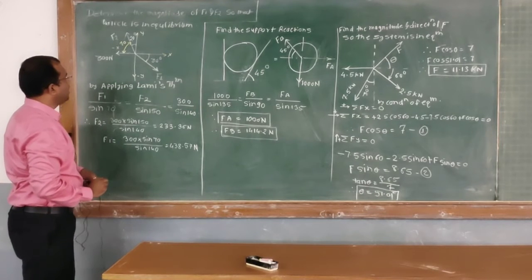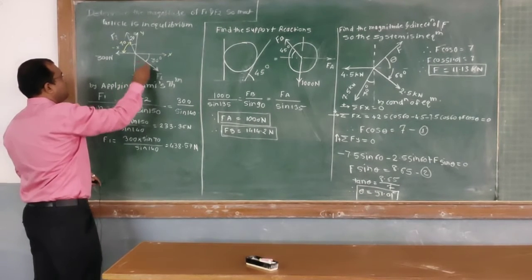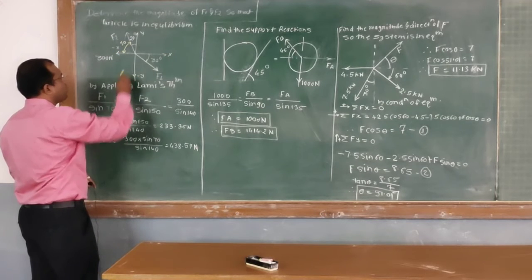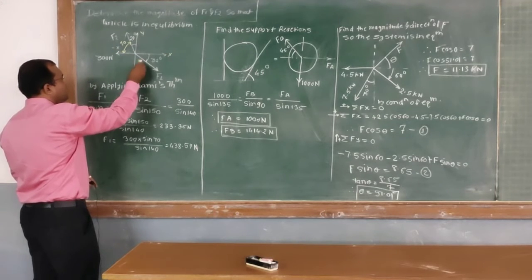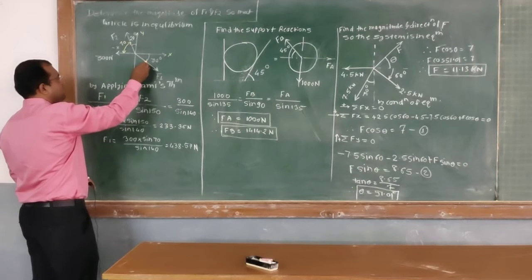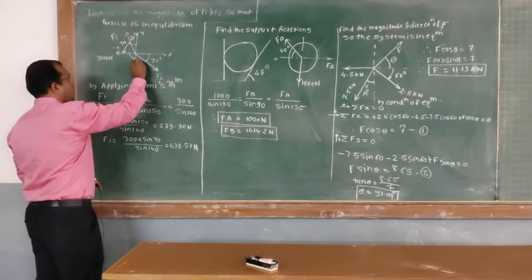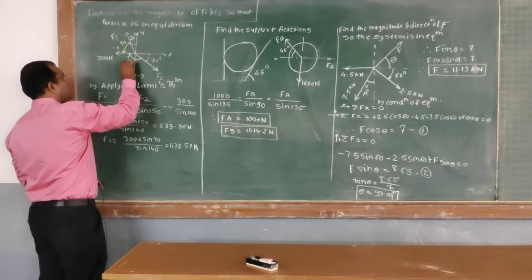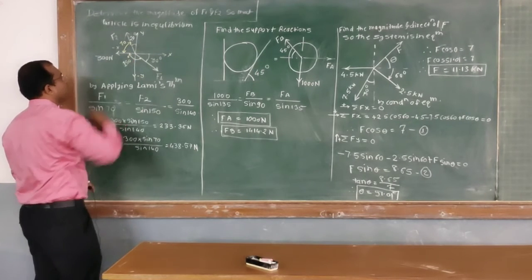Similarly, the angle between this force 300 Newton and F1 we have to find out. This angle is 90 degrees plus this angle, 90 minus 30, which is 60. So this total angle is 90 plus 60, that is 150 degrees.